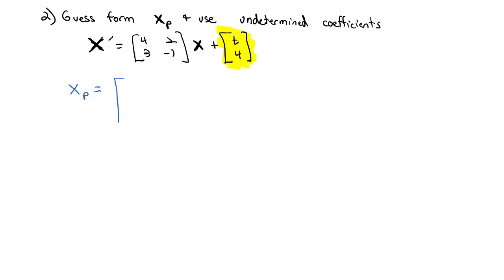Since we've got a linear term and a constant term, I'm going to guess it's at plus b and ct plus d. And if I know what x particular is, we can quickly find what x prime is. The derivative of x particular is equal to a and c.